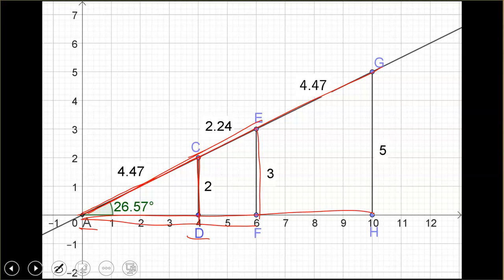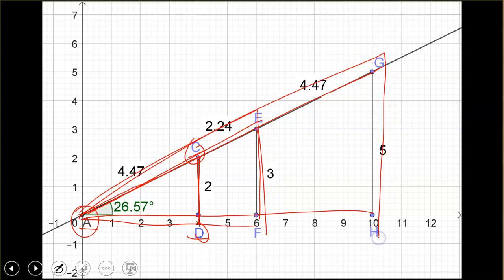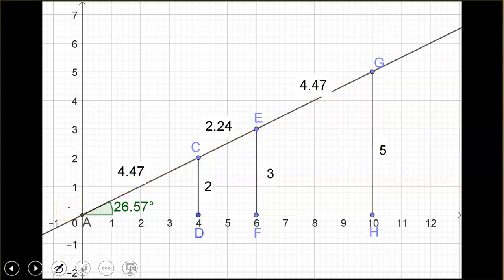In each of the triangles, make reference to the A, and then either to AC and D as one triangle, or AE and F as another triangle, or AJ and H. Whichever way you go, you get what I'm going to let you do. Now, let's consider triangle A, D, and then C. With A, D, and C, the dimension for DC is 2.